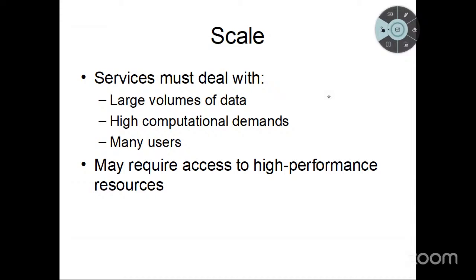Next, many users, similar to that, scalability. So we need to handle all of them. So it may require access to high performance resources.